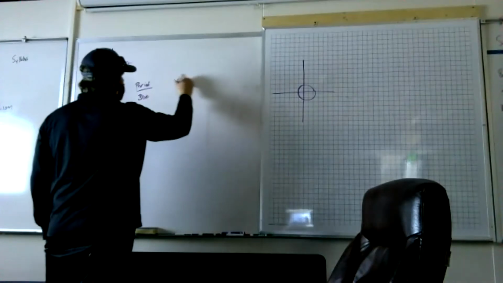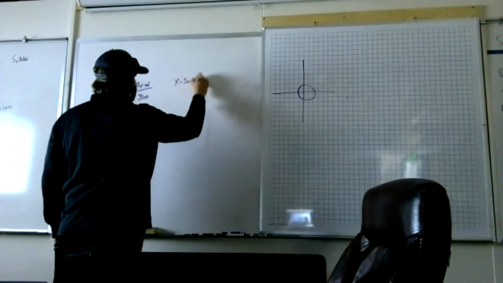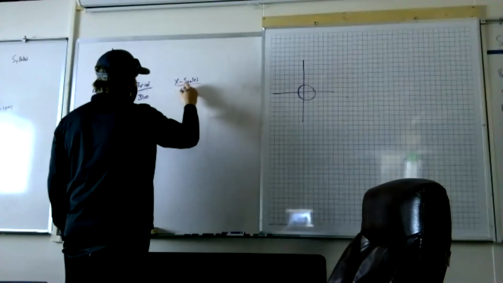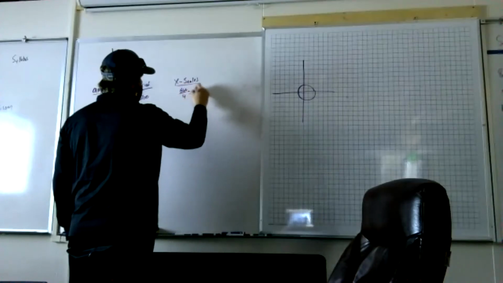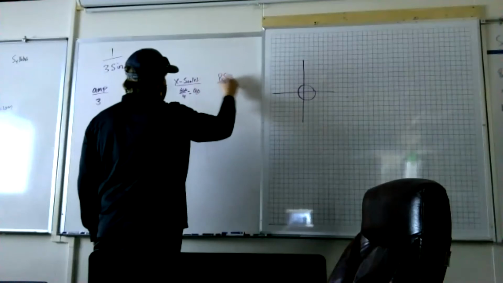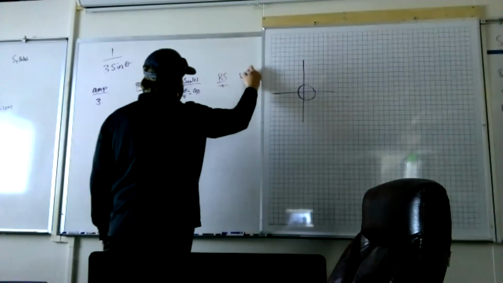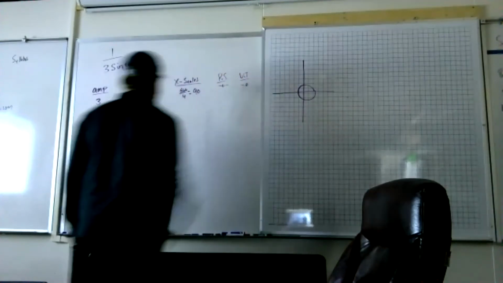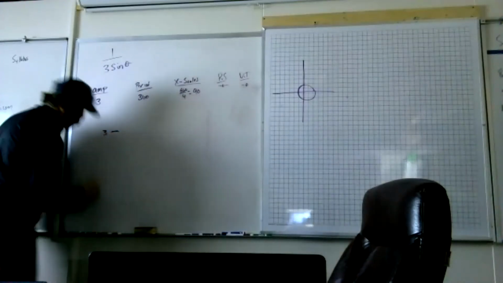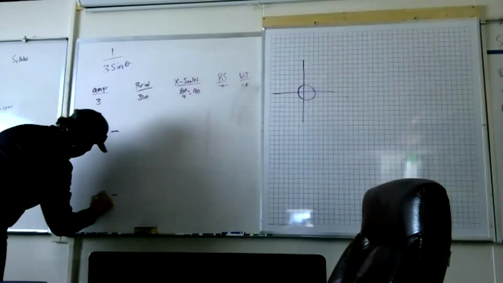My x scale is 360 divided by 4, or 90 degrees. Okay, no phase shift, no vertical transformation. Okay, so I'm going to start off by graphing this sine function. It goes from 3 to -3.